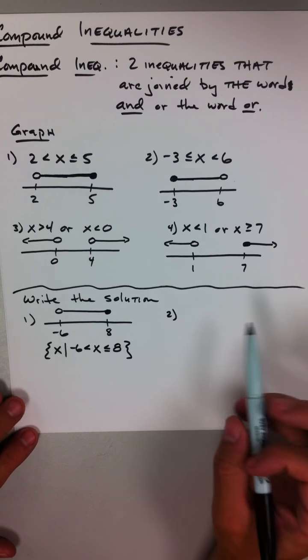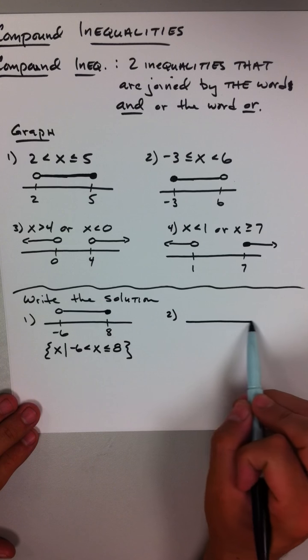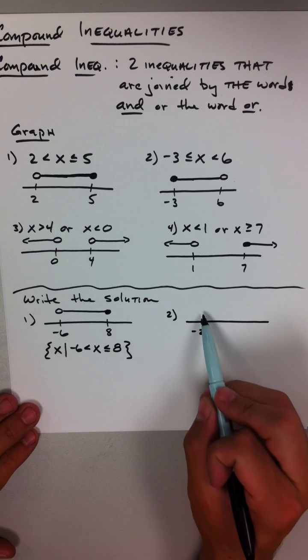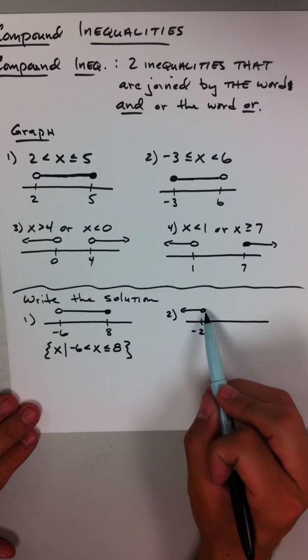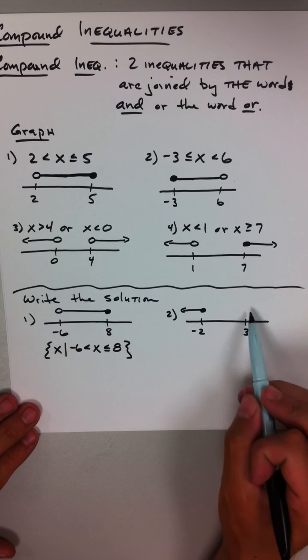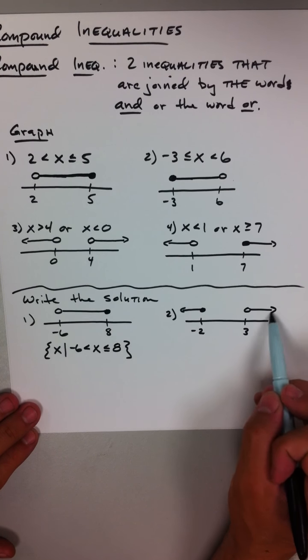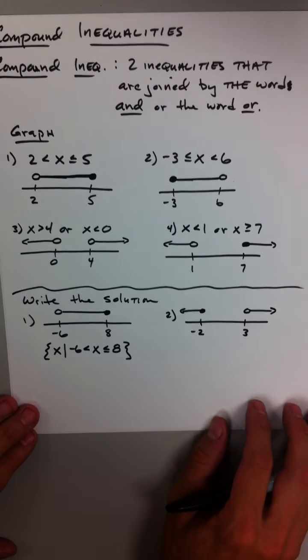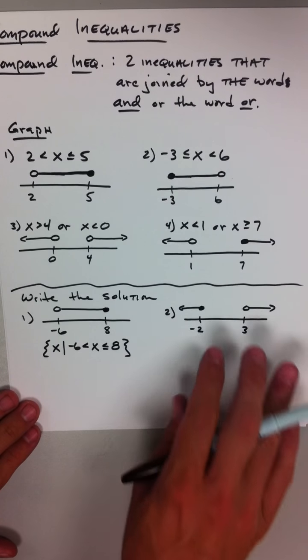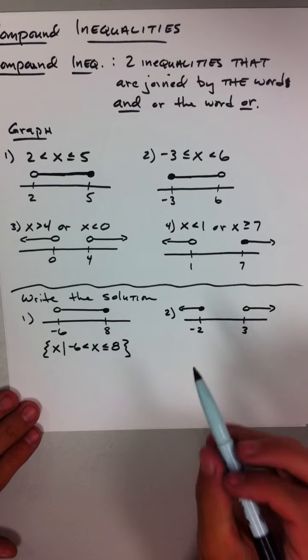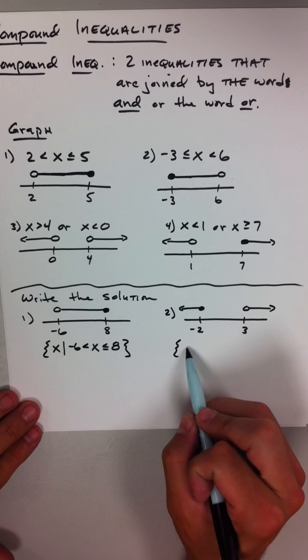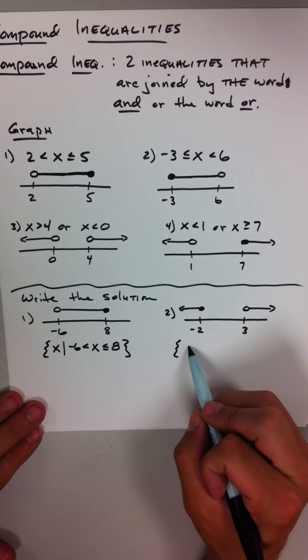Let's try one more. What about one that would look like this? Well, hopefully this is an easy one. You see this one has arrows going opposite directions, so we know this is going to be an or statement. So let's use a different variable. How about a?